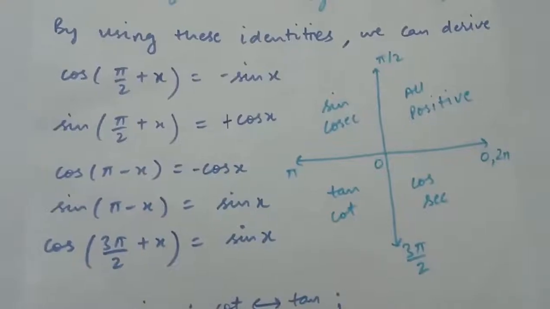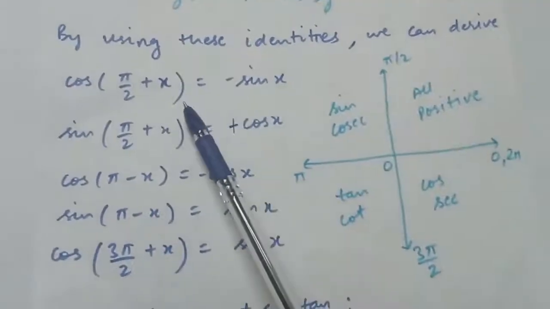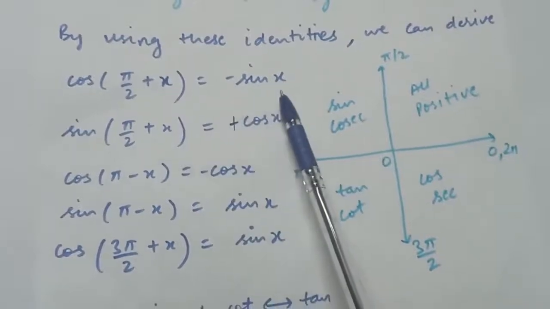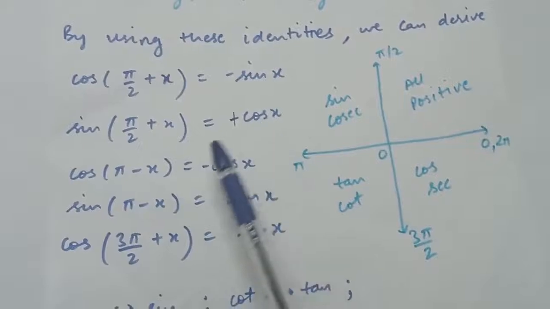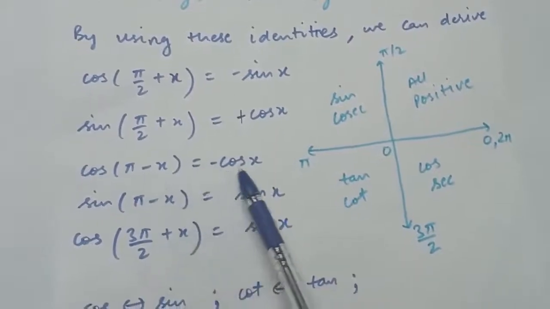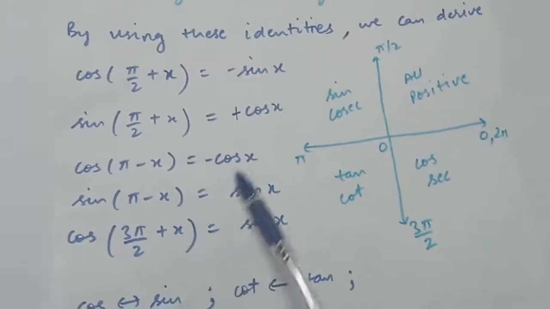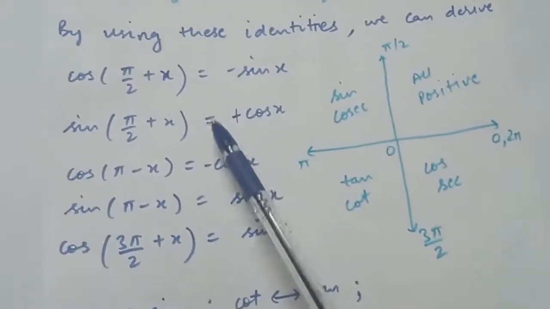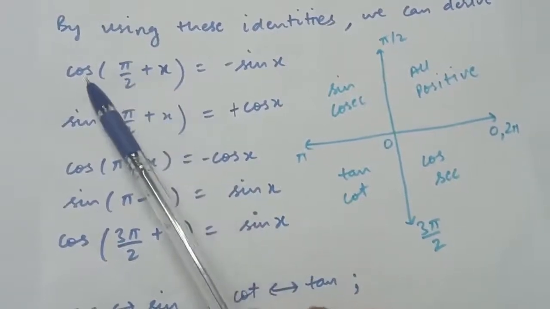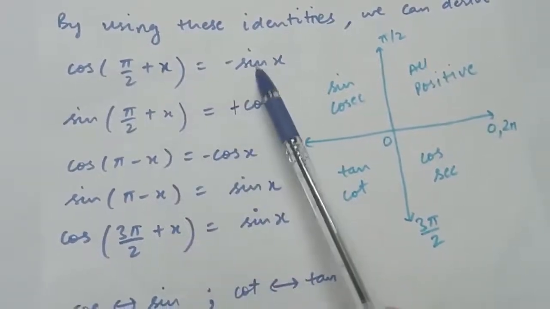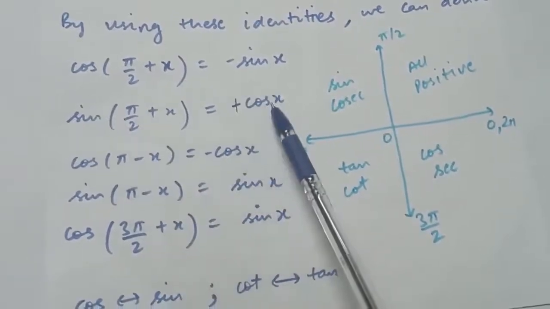So now by using these identities, we can derive that cos pi by 2 plus x is minus sin x, sin pi by 2 plus x is cos x, cos pi minus x is minus cos x, and there are many more. But you don't have to learn these, you have to understand how to calculate these, right? So see, at pi by 2 cos changes to sin, also at pi by 2 sin changes to cos.